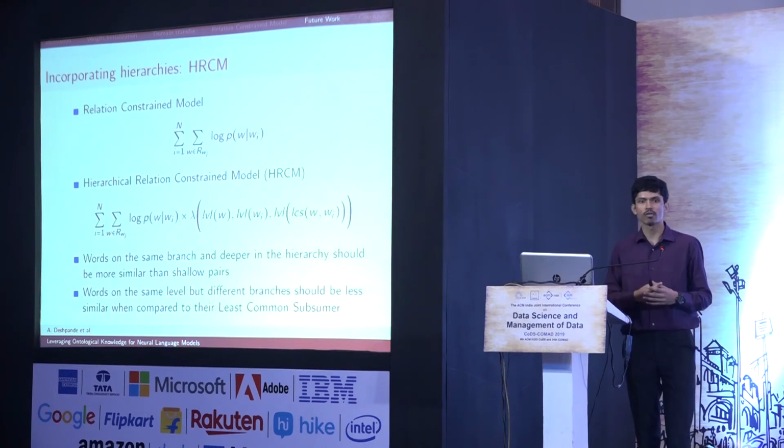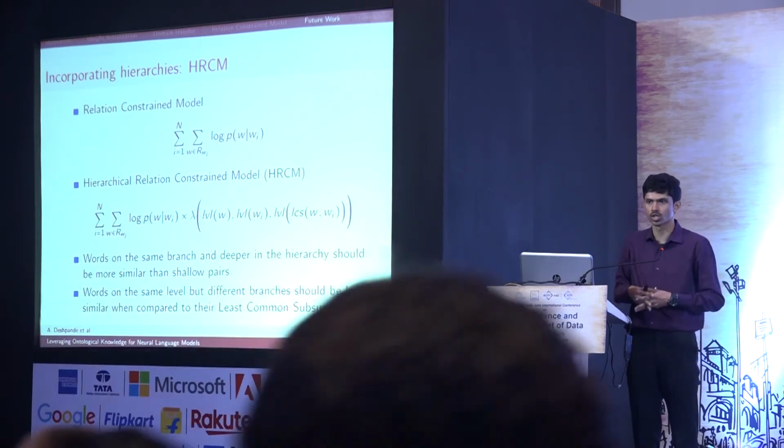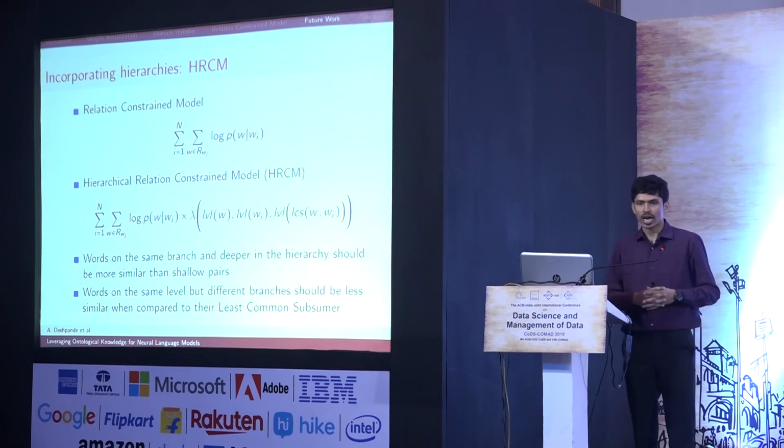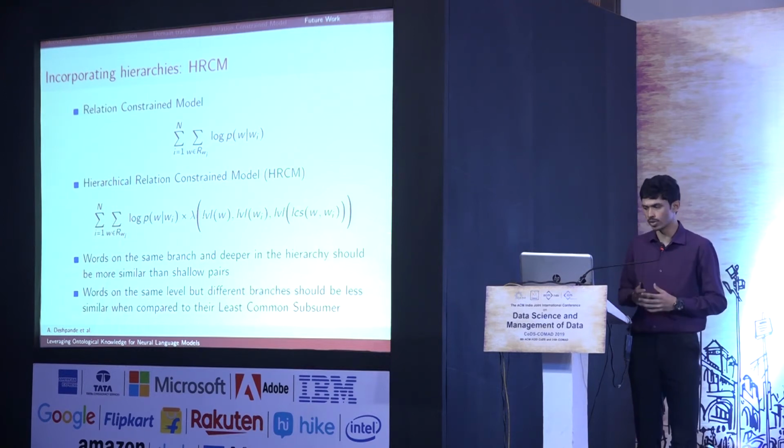So if we can have a function of just three simple features, which is basically the level of the two words and the level of the lowest common subsumer, the LCS, you can weight different constraints based on this function, and using this weight, you are going to try and enforce this hierarchy structure which is present in the tree that you're using.